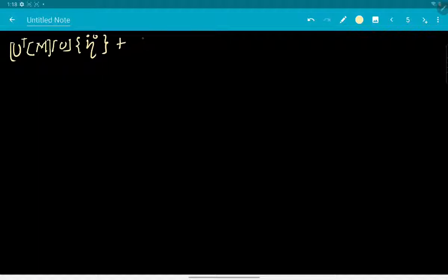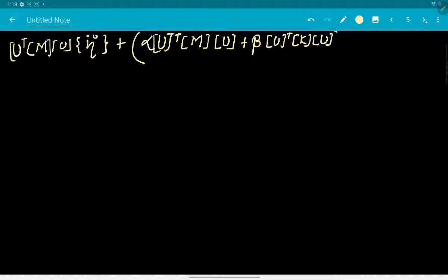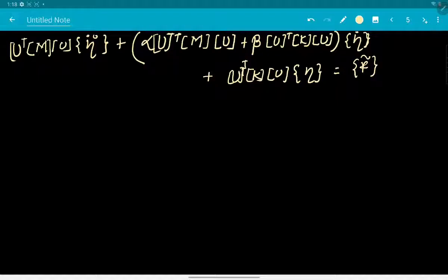Now I will have alpha times U transpose M U plus beta times U transpose K U, multiplying vector is this eta dot, plus U transpose K U eta, that comes out to be equal to f tilde vector, right?